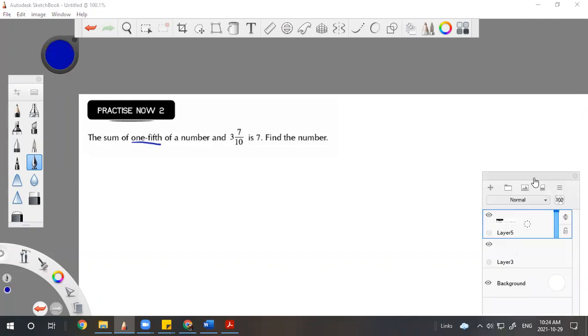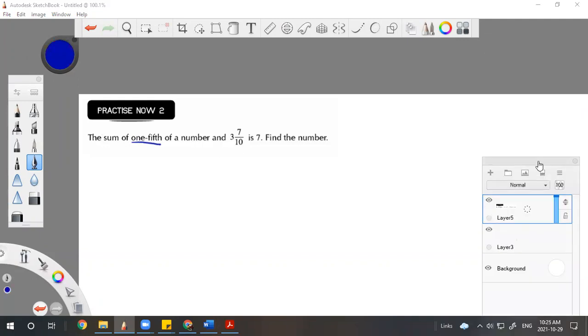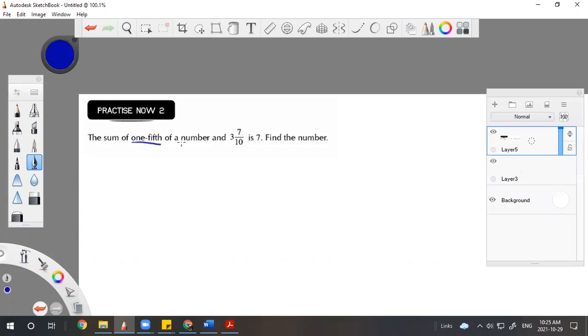Do you know what the number is? No? Just put n or x or a or b. So 1/5 of a number, n, plus 3 7/10 equals 7. Find the number, find n.